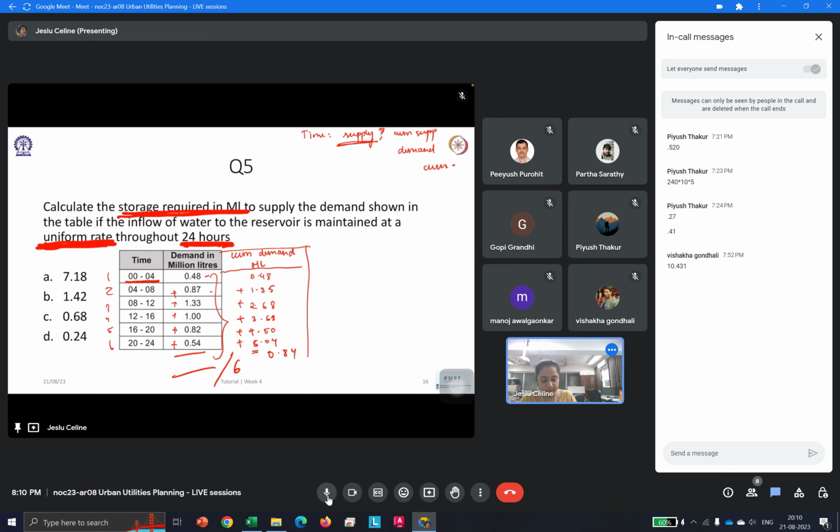Now let's take the supply rate. As we got it, the average of the demand, which is 0.84. So for every 4 hours, we are supplying 0.84, that is 0.84 repeated for all six periods. Now let's find the cumulative supply.